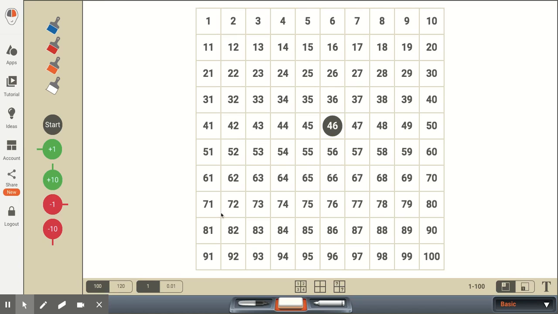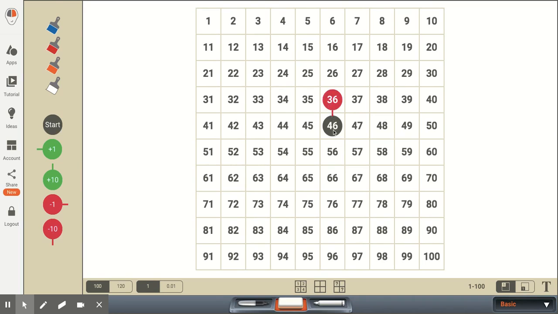This standard also includes students mentally being able to know 10 less than a number. So if we ask a student 46, what's 10 less? I can show here on the number grid that 10 less is going to be 36.